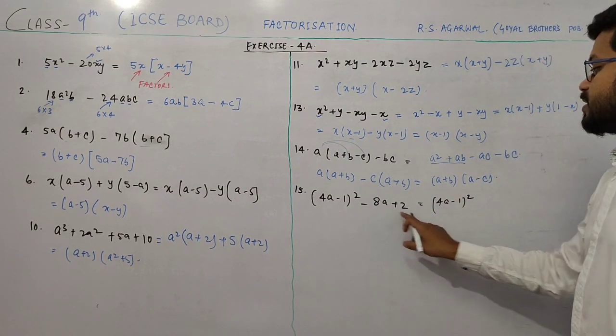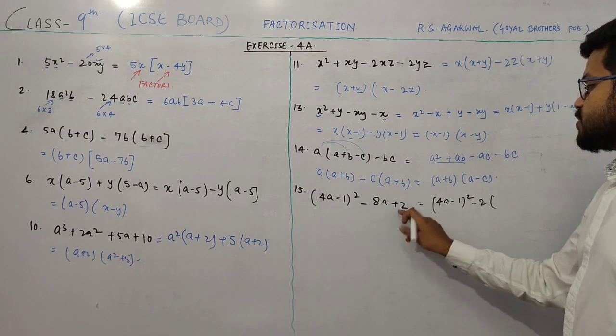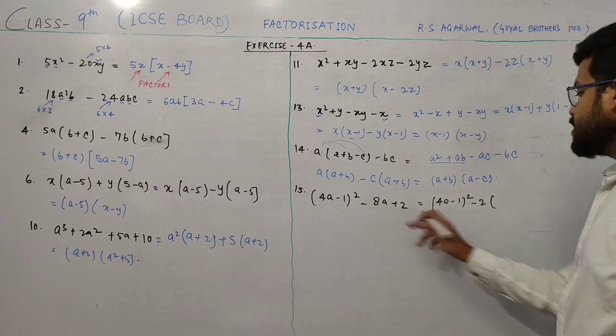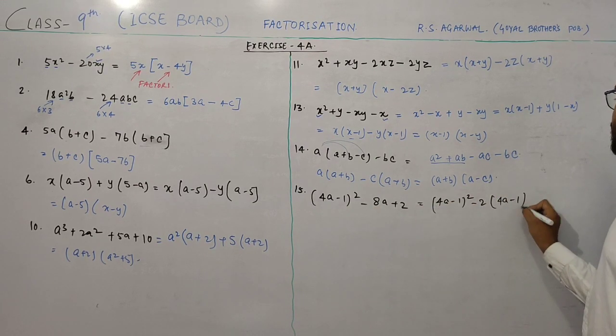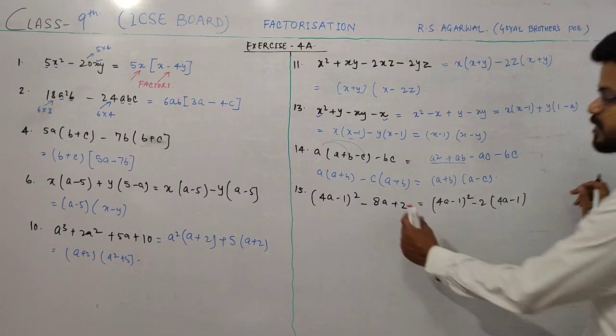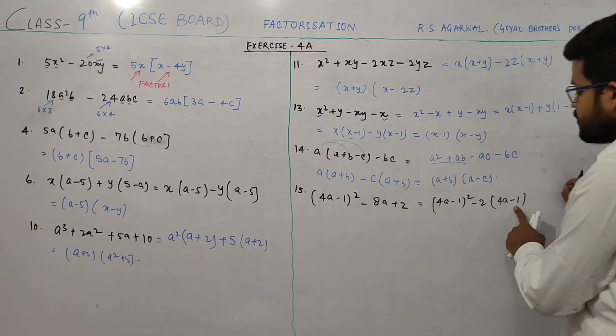If I take minus 2 as a common, so here this is plus 4a and this plus 2 becomes minus 1, because I take minus 2 common. So the remaining here is minus 1.